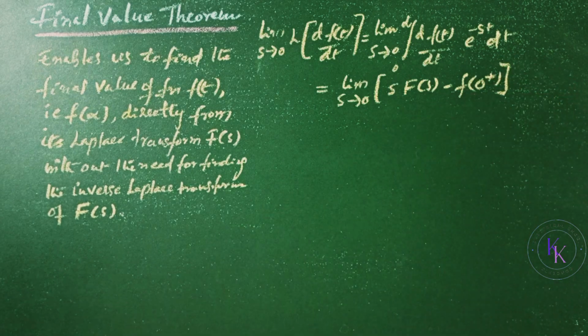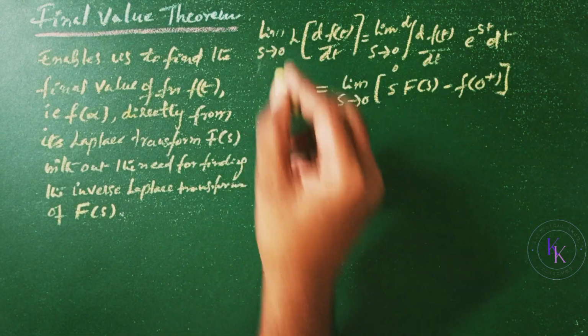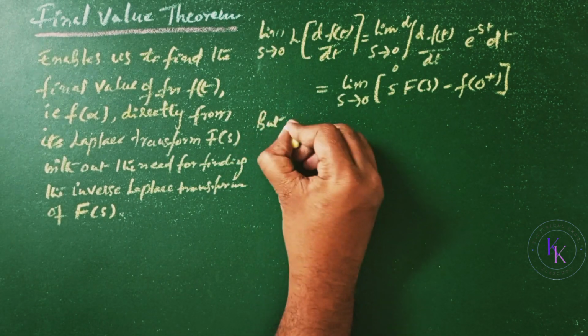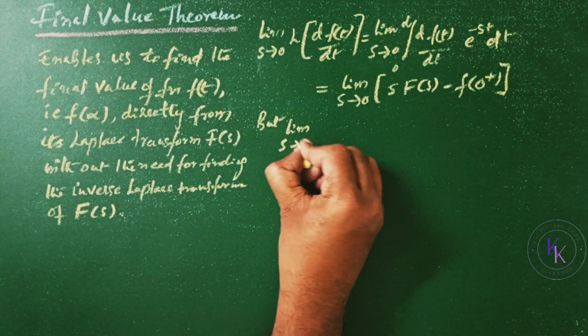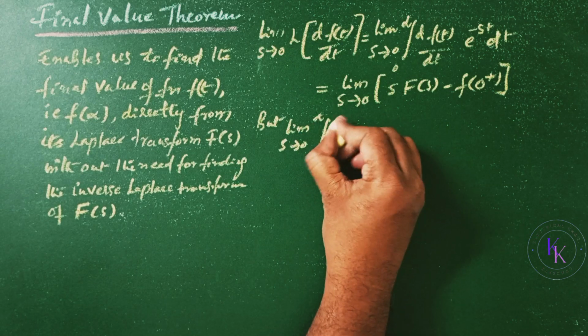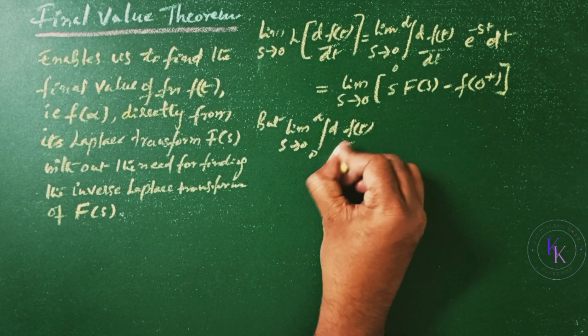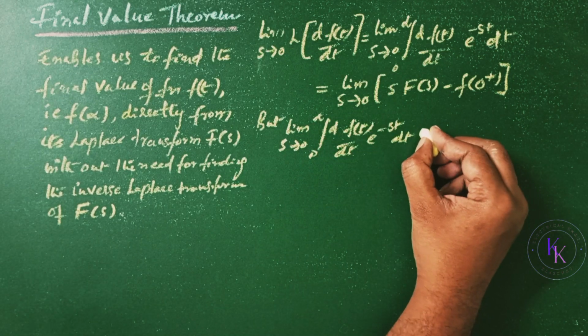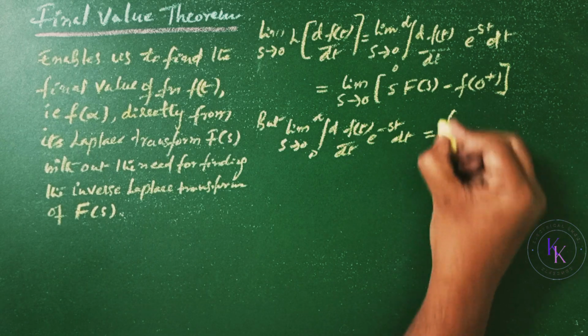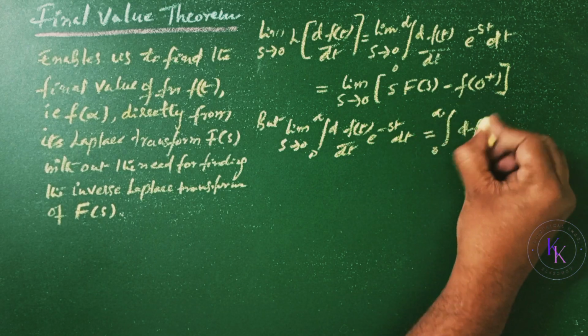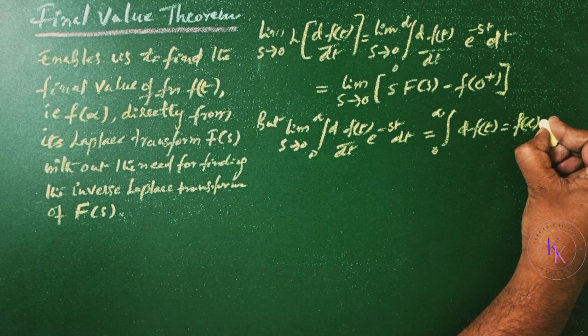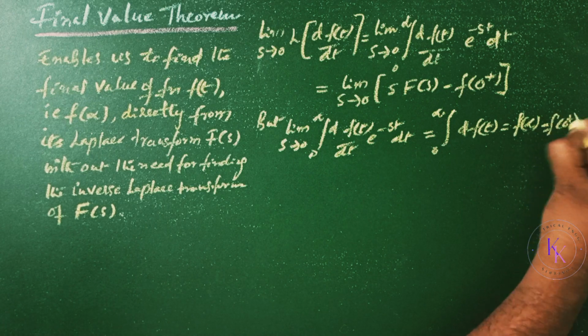This is from the Laplace transform of the derivative. But here, the integral 0 to infinity d f of t by dt e power minus st dt equals the integral 0 to infinity d of f of t, which is f of infinity minus f of 0 plus.